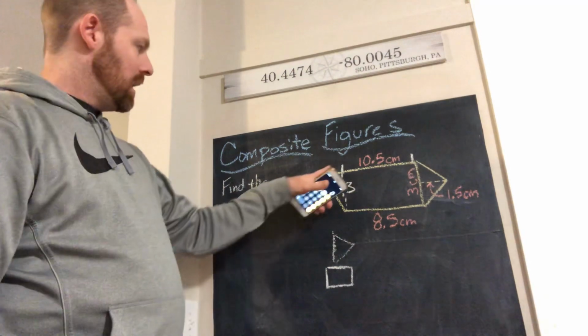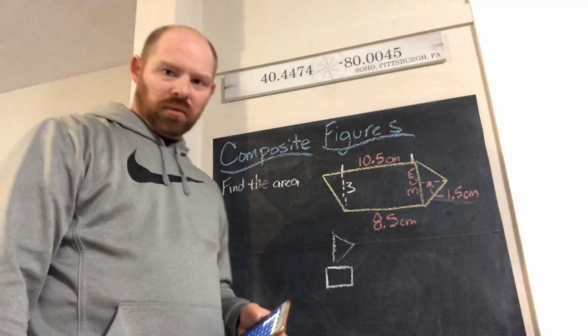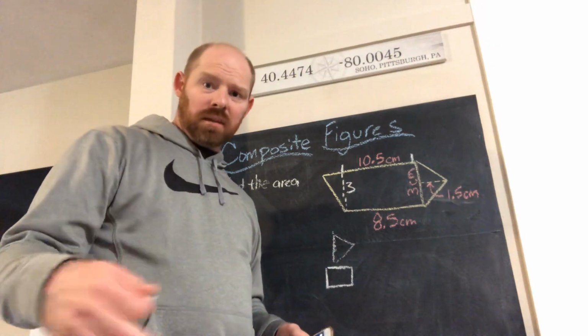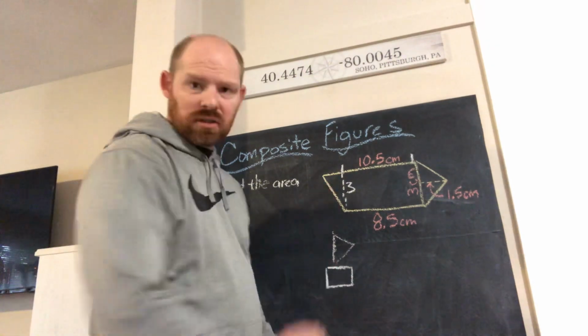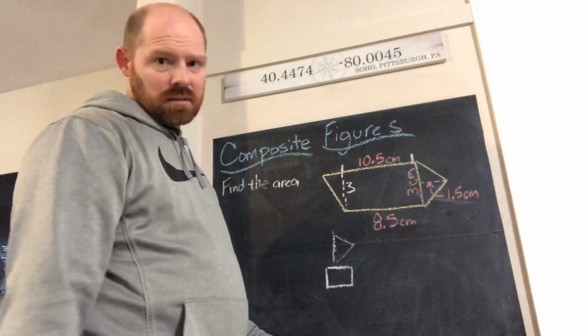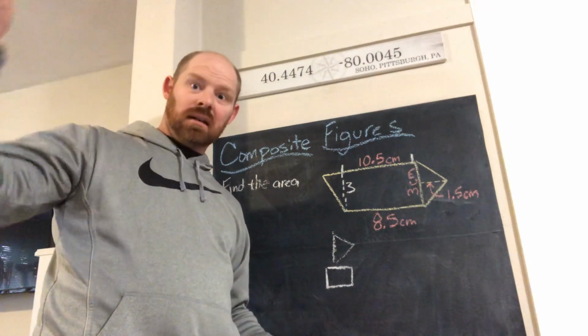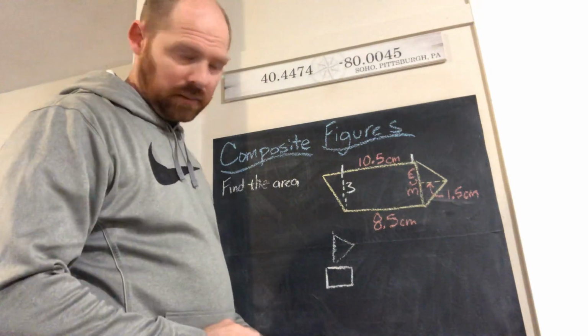And then we need this length when we're finding the area of a triangle, because we need the base and we need the height. We have the height of this triangle. We need the base. If you have an idea of how we can figure that out, go ahead and say it out loud or call a friend and let them know.